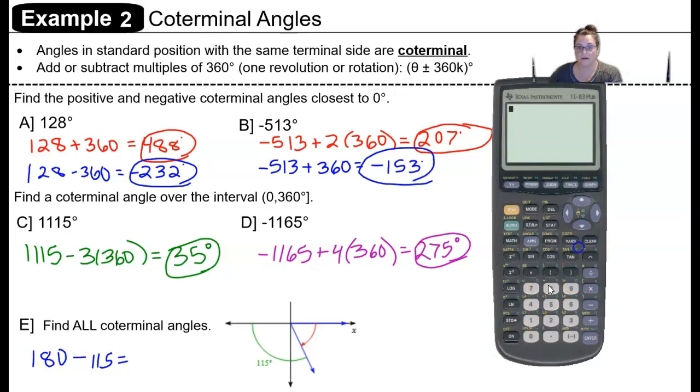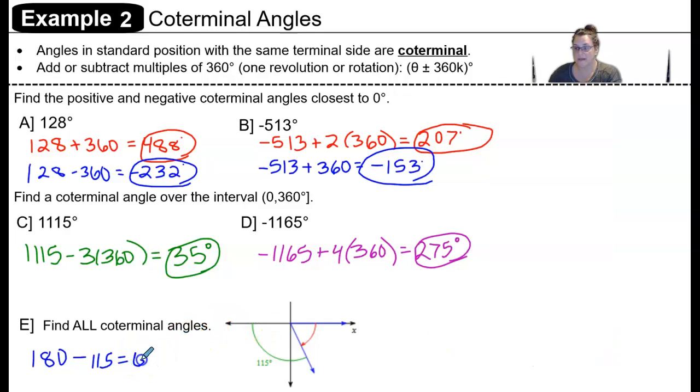So we've got 180 minus 115. That makes the supplement 65. Only this is going in the negative direction, so this angle is negative 65 degrees.